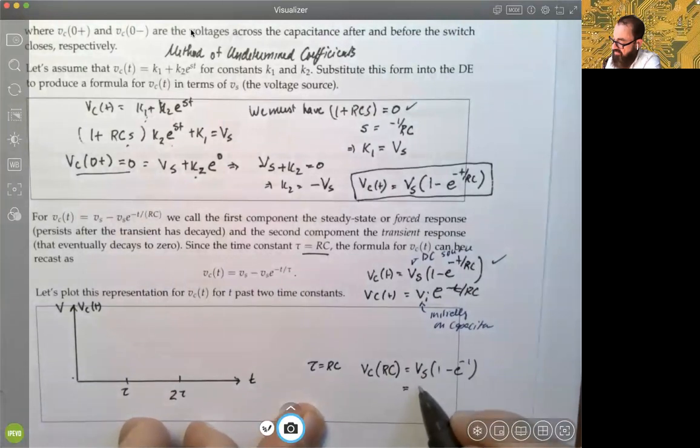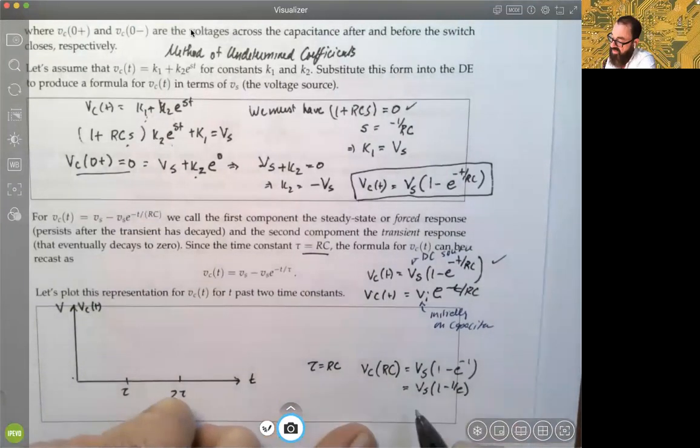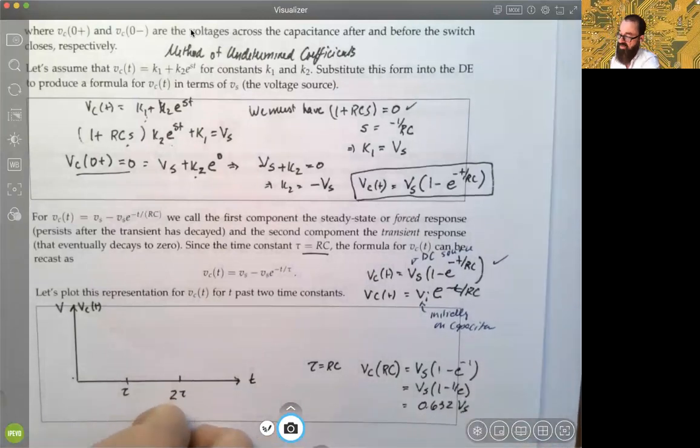So the scaling factor is a little bit different. It's 1 minus 1 over e times the voltage of the DC source. And I've already computed that for you. 1 minus 1 over e is the same thing as 0.632 Vs, okay? So 1 minus those reciprocals is a little bit different value, okay?